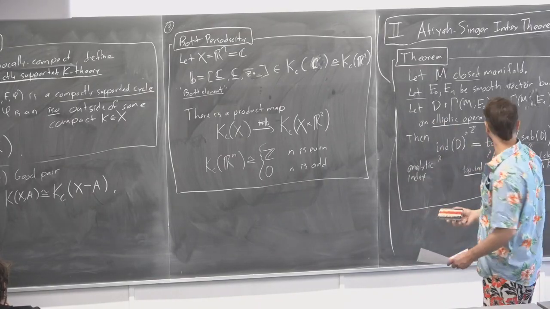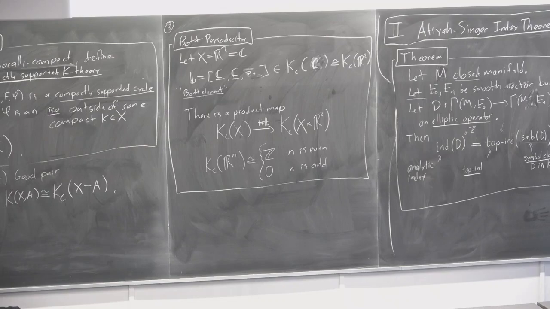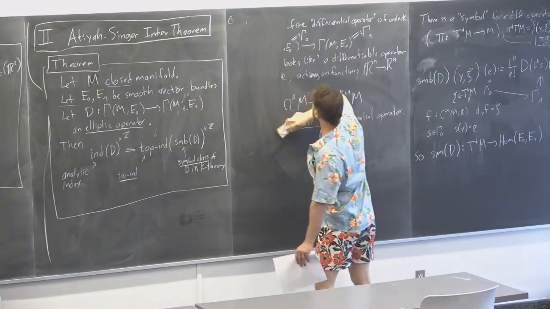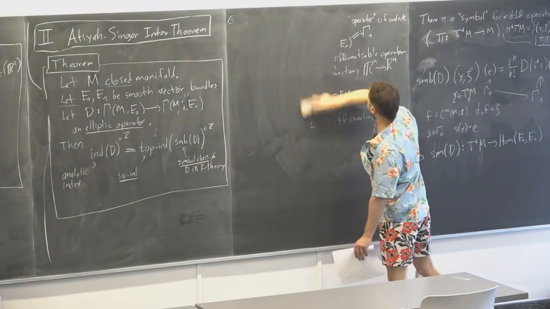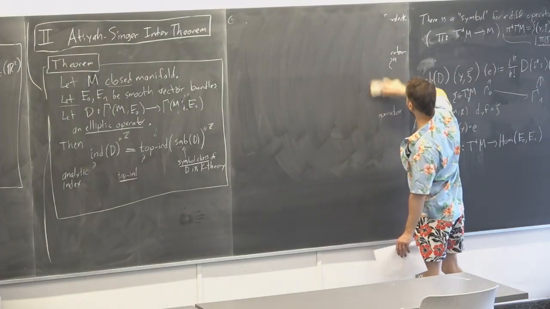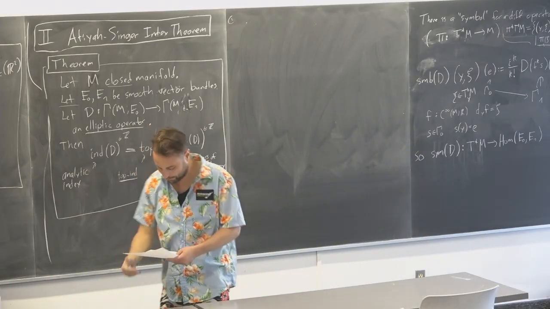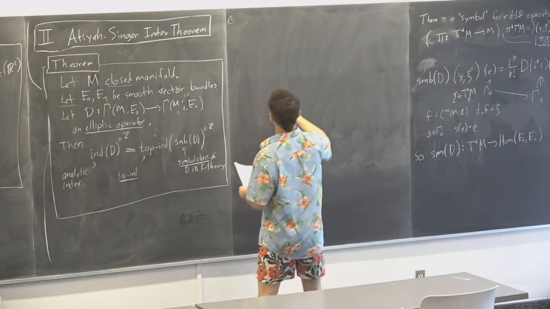Yes, and then there's a very peculiar notion of wrong way map. I'm going to leave this here. Sorry about that, I should have written that on the board. There's a wrong way map for compactly supported K-theory.